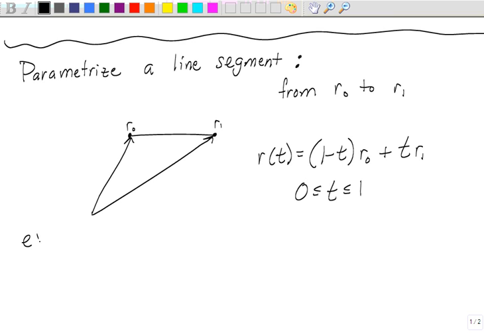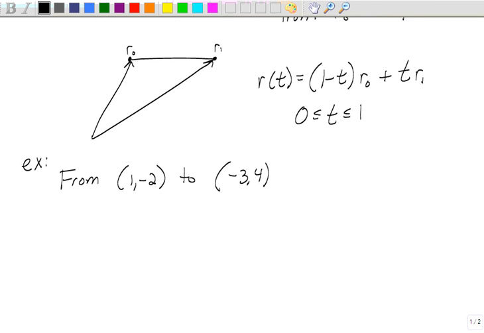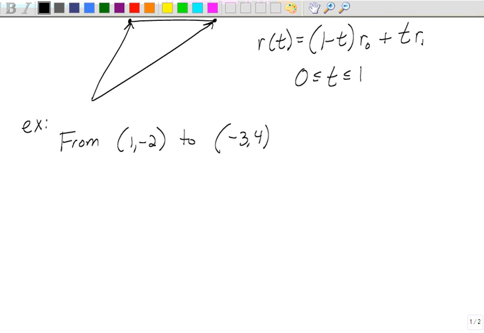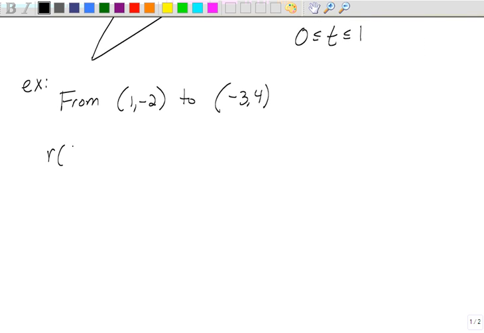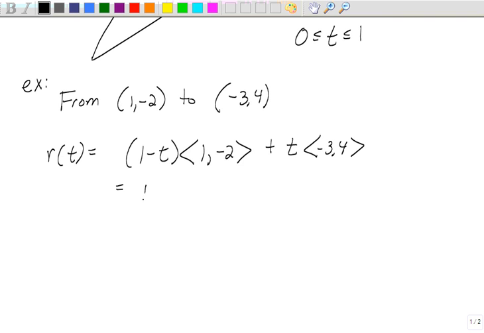So for an example, if you want to go from 1, negative 2 to the point negative 3, 4, and we want to get the line segment for that and parameterize it, then all we're going to have to do is say that the vector R of t, the curve, is going to be 1 minus t times the vector 1, negative 2 plus t times the vector negative 3, 4.